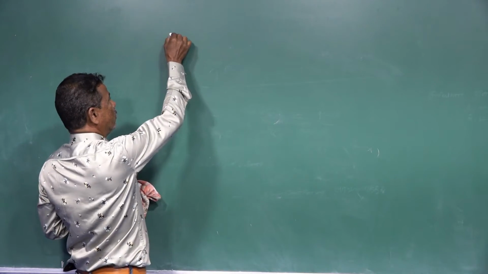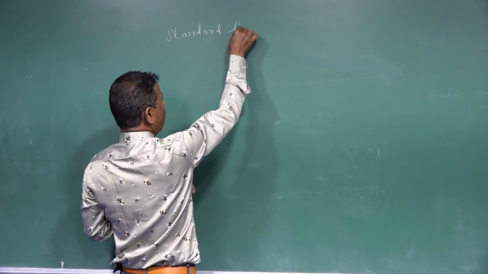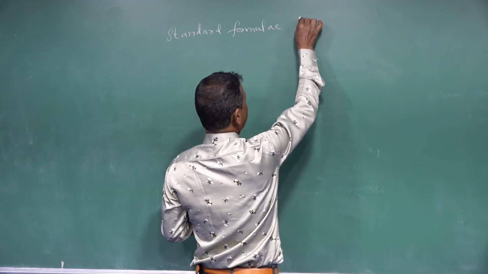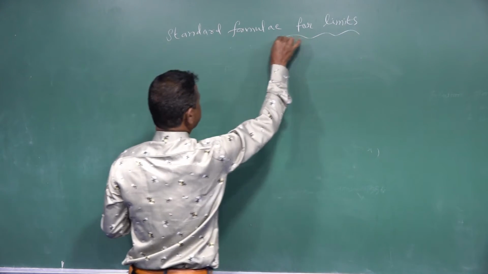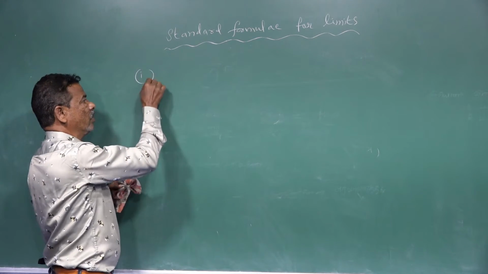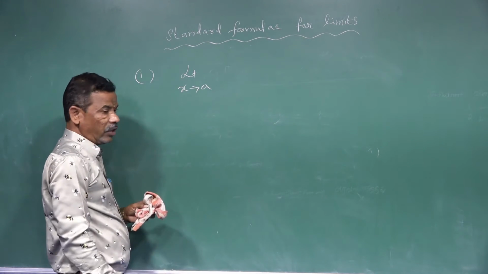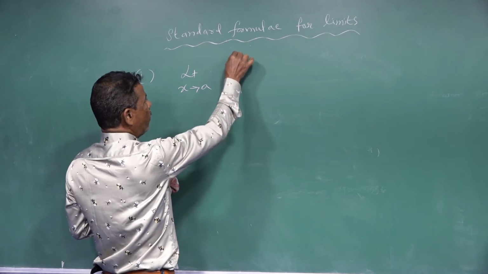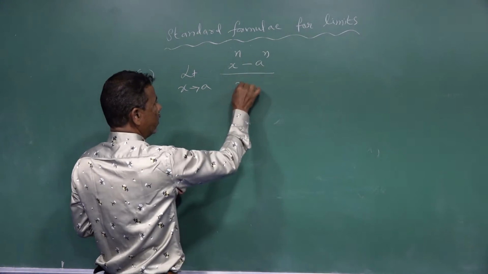Number 1, in the standard formulae for limits: limit x tends to a, x not equal to a, of x to the power n minus a to the power n by x minus a.